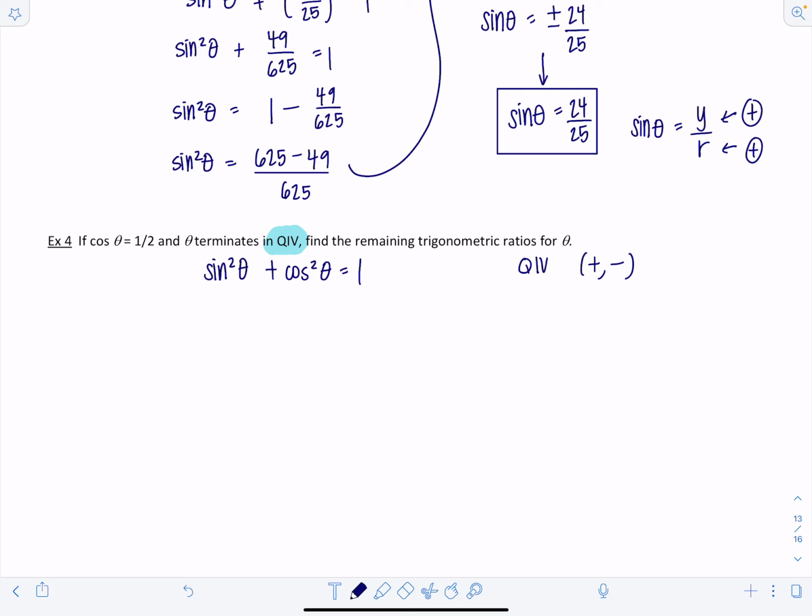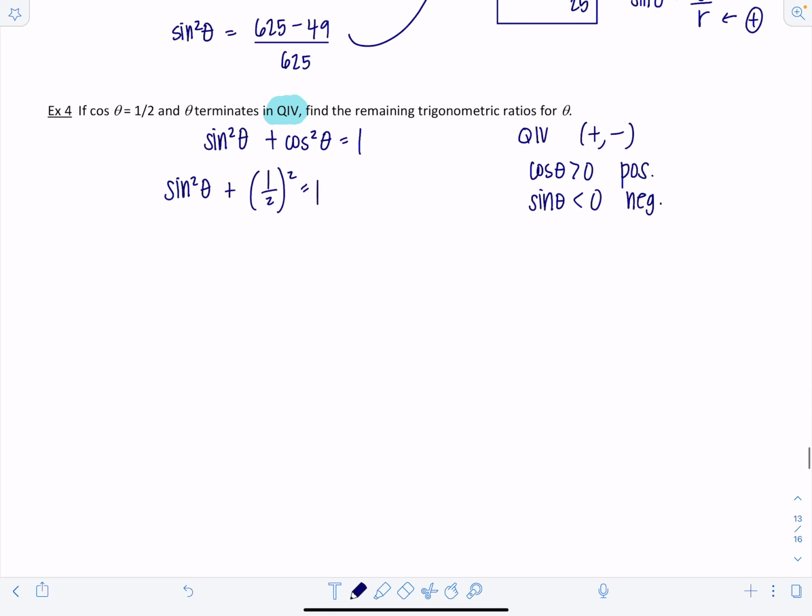So cosine's positive, because cosine is x divided by r, but sine is going to be negative. Okay, so keep that in mind. So here we go. Sine squared theta plus cosine squared theta, so 1/2 squared equals 1. That means sine squared theta plus 1/2 squared is 1 over 4, that equals 1.